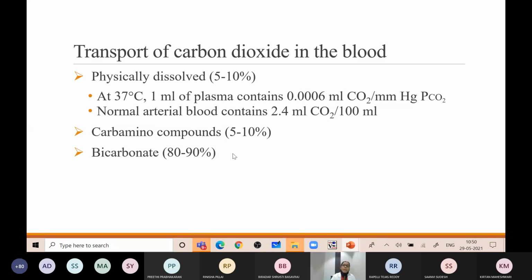Carbon dioxide is transported mainly in bicarbonate form, that is 80 to 90% is transported in bicarbonate form. At 37, that is body temperature, 1 ml of plasma contains 0.0006 ml of carbon dioxide per mmHg PCO2. Normal arterial blood contains 2.4 ml of carbon dioxide per 100 ml.